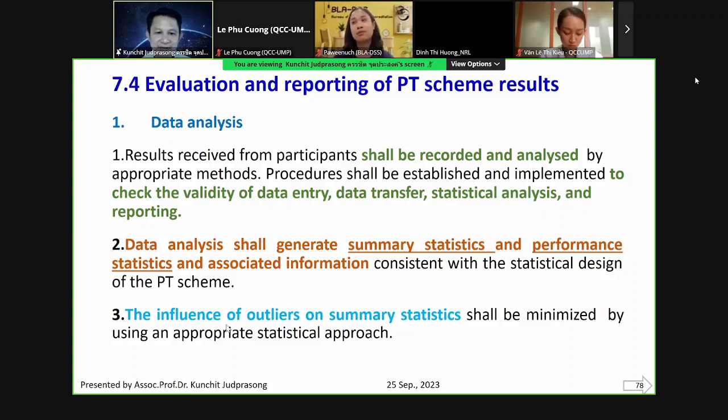The influence of outliers on summary statistics shall be minimized by using an appropriate statistical approach. If you use good statistics, the outliers will disappear.